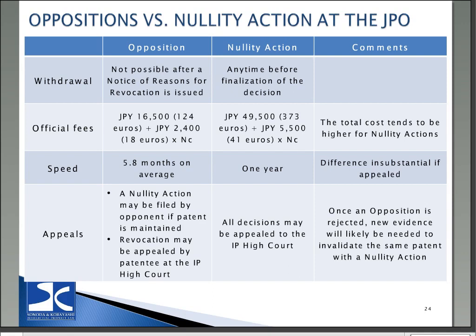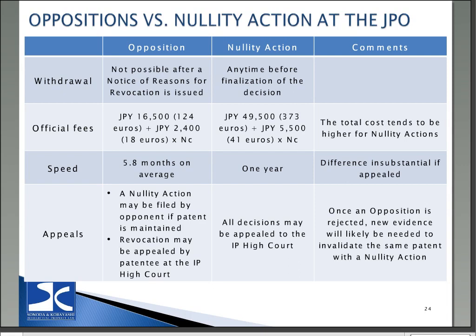The official fee is as written here, and it is not substantial anyway. The substantial part is the attorney fee. And with regard to the speed to come to a decision, you can expect the final decision about opposition within 6 months. On average, it's 5.8 months.